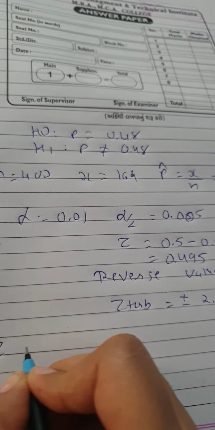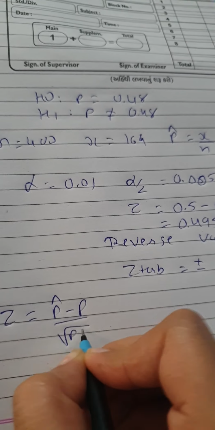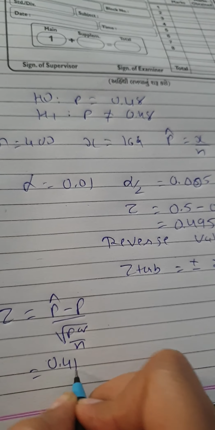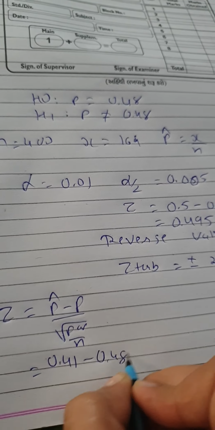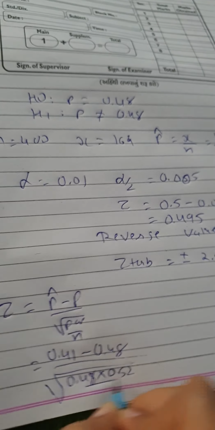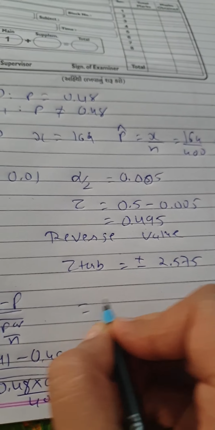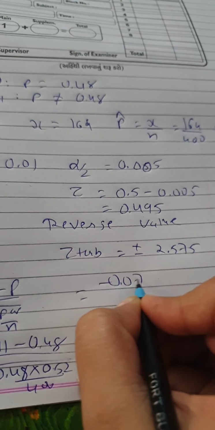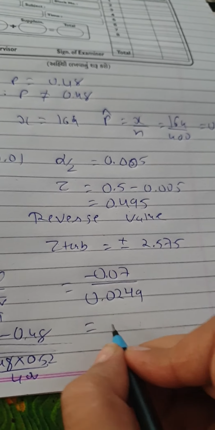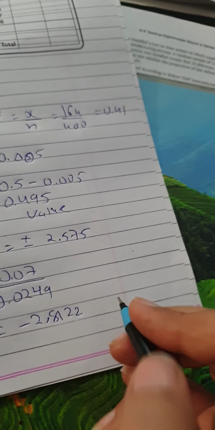Now the calculated value, z equals to p cap minus p upon square root of p into q upon n. Your p cap is 0.41, p is 0.48, so 0.48 into 0.52 upon 400, so that will become minus 0.07 upon 0.0249, so your answer will be minus 2.8122.